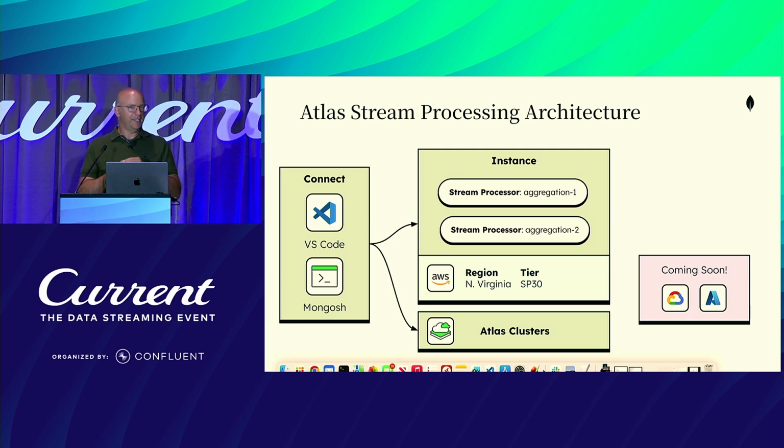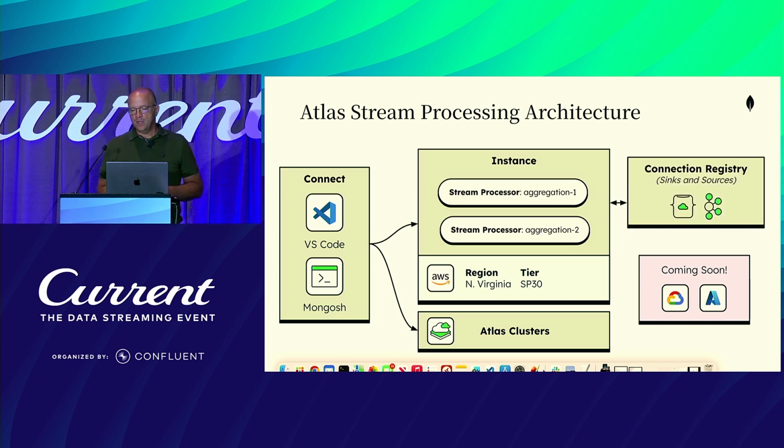Remember, this is a continuous query. You're defining that query that runs in perpetuity. That's what's happening with the stream processor instance. And to define which sources and sinks are used, you use a connection registry. Here I define connections to Confluent Cloud, connections to my Atlas database, et cetera.